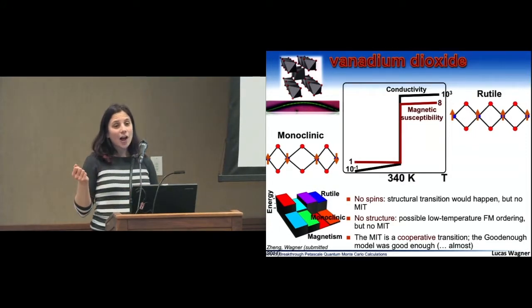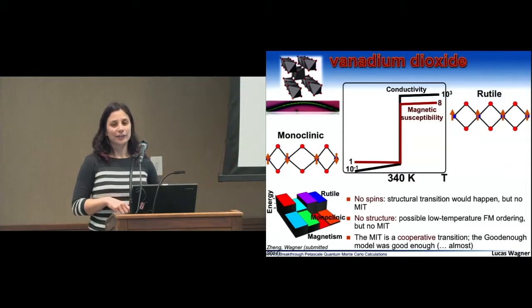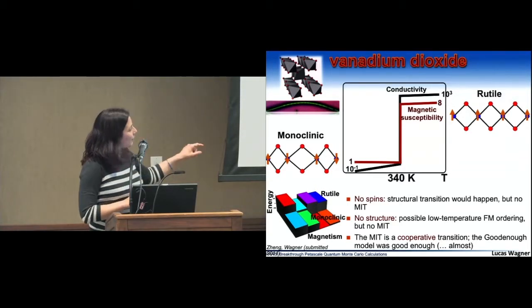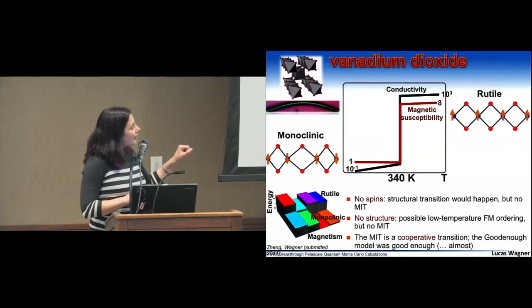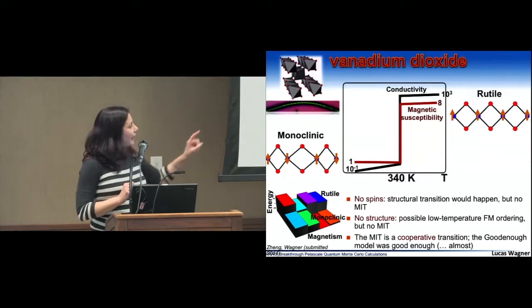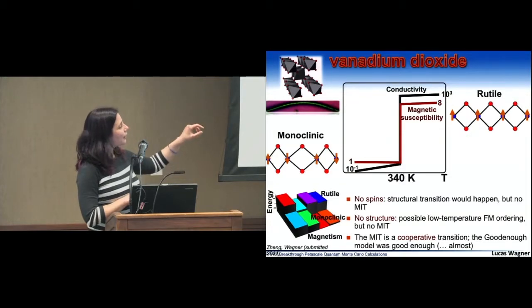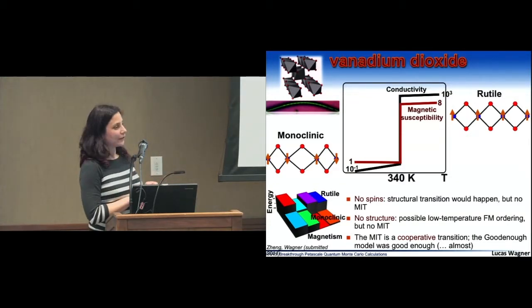Now, for a very long time, there was a big debate about which of these two drives the actual phase transition. Is it an electron correlation-driven transition, or is it a structural phase transition? What we've been able to do using quantum Monte Carlo techniques is play with this system, model both of the structures and all of the different possible spin states, and show that if we don't include the spins, we get the structural transition, but no metal insulator transition.